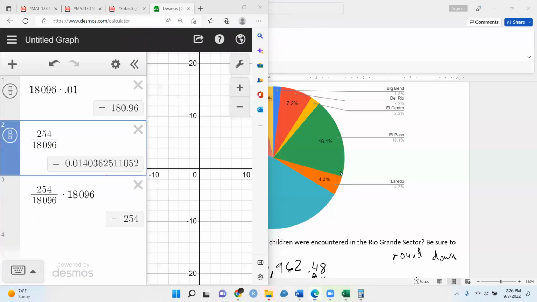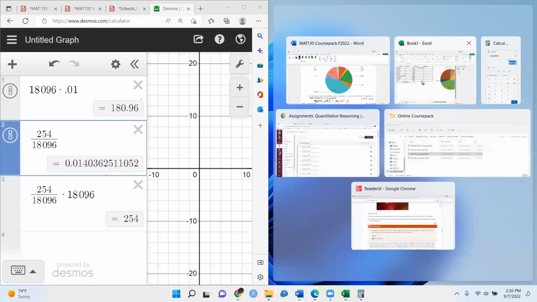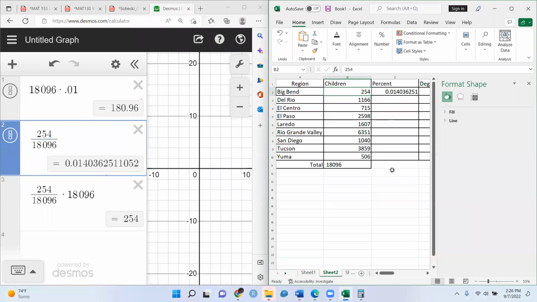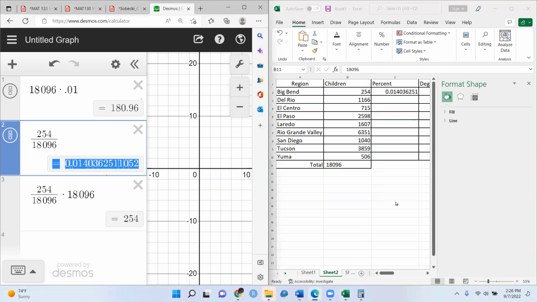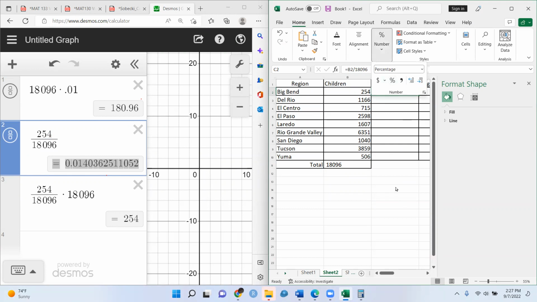So we took this 254 children that were apprehended at the Big Bend area and divided by the total children apprehended in all the regions, we get 0.0140362511052. Well, then when we create the percent and round to the nearest percentage, we get 1%.